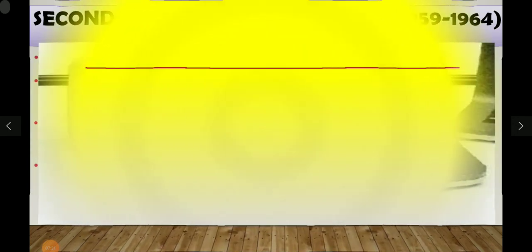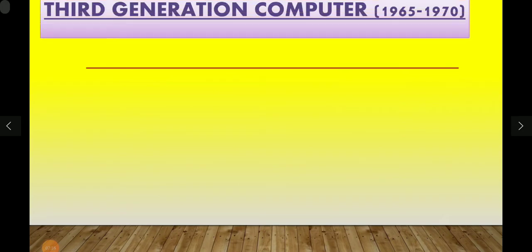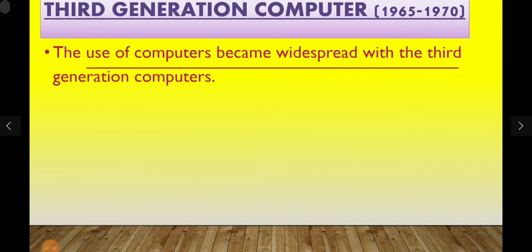So next we move on to the third generation computers, which were in the period of 1965 to 1970. That is 5 years these third generation computers existed. The use of computers became widespread with the third generation.